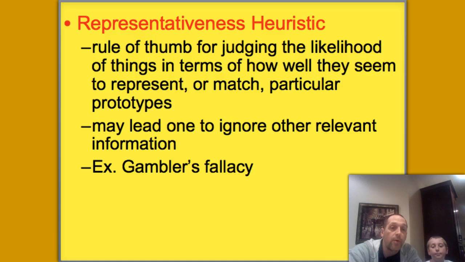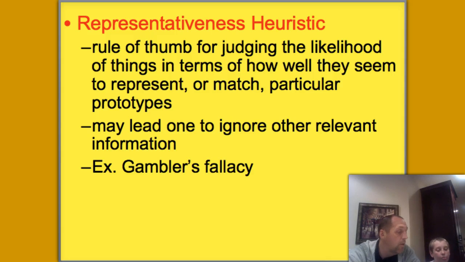Okay, a rule of thumb. So a representativeness heuristic is a rule of thumb for judging the likelihood of things in terms of how well they seem to represent or match a particular prototype. It may lead one to ignore other relevant information. For example, the gambler's fallacy. This is where you flip a coin.